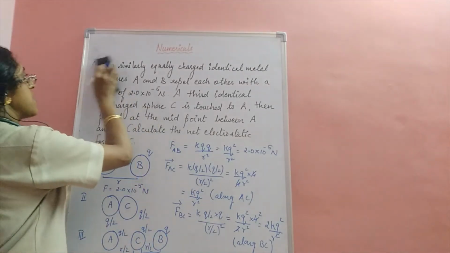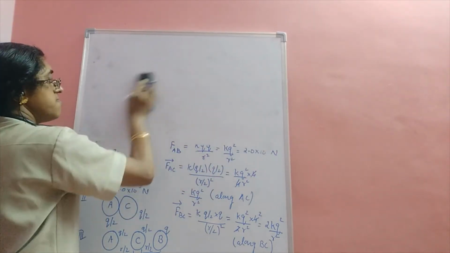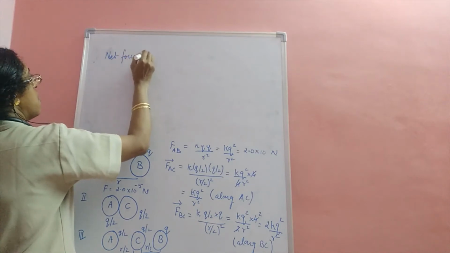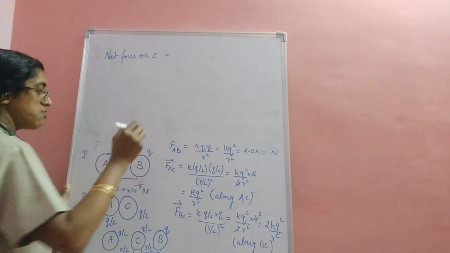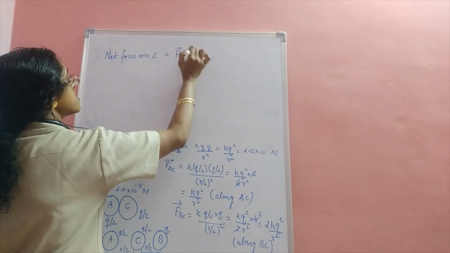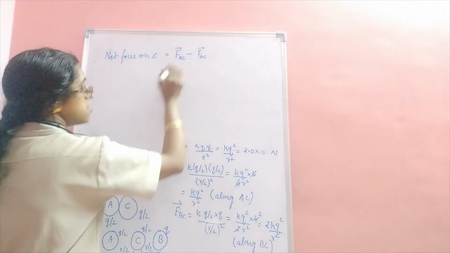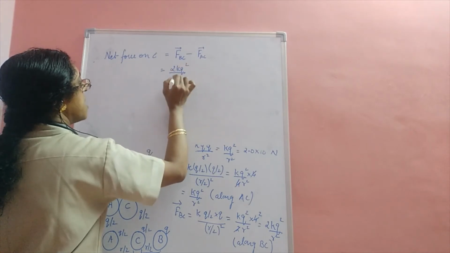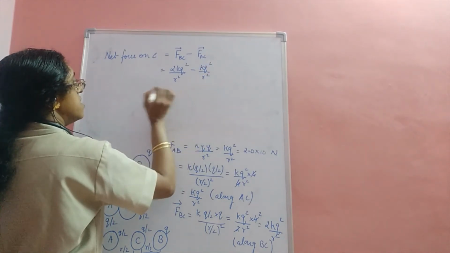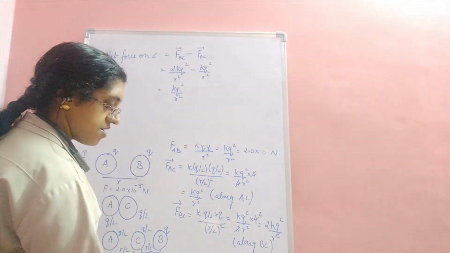So, the net force on C will be equal to the force exerted by B on C, since this has more magnitude, minus the force exerted by A on C, that is 2K Q square by R square minus K Q square by R square, which would be equal to K Q square by R square.